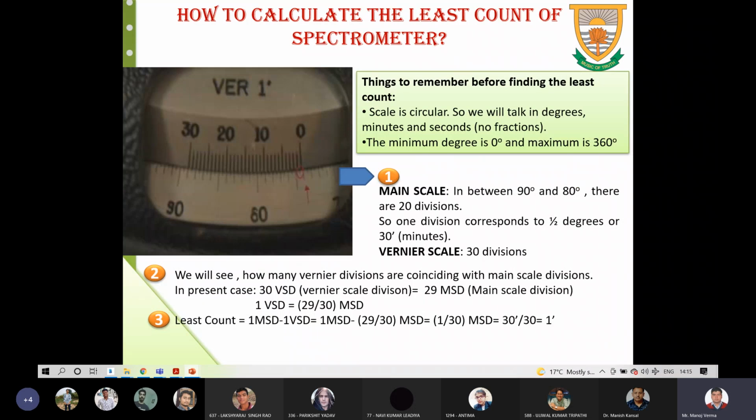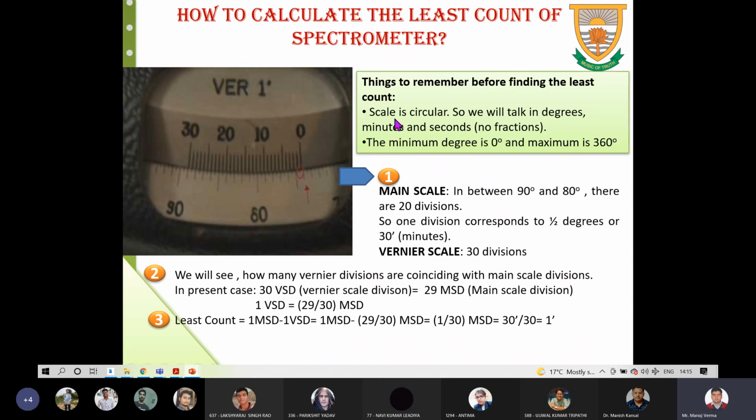We have to take observations of this circular scale. You must be familiar with these types of scales because you have done the screw gauge experiment, right? So first of all, before taking any observation, we have to find out the least count of this particular circular scale.